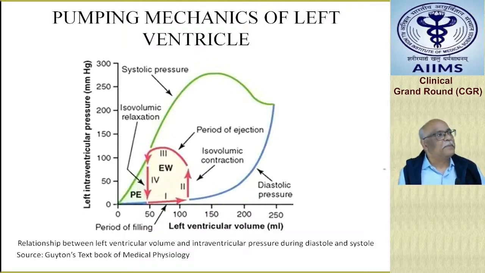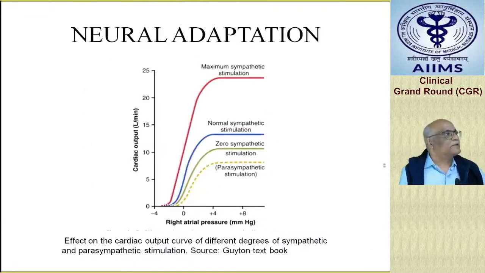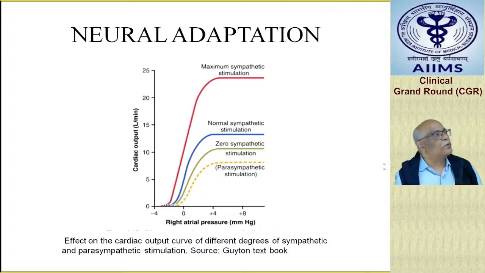So that means, in terms of mechanical efficiency, most of the time in normal life we are working at 1/3. So we have got 2/3 reserve already. And this graph clearly shows that just by having neural stimulation, the cardiac output from 5 liters can go up to 24 to 25 liters without increasing the muscle mass.